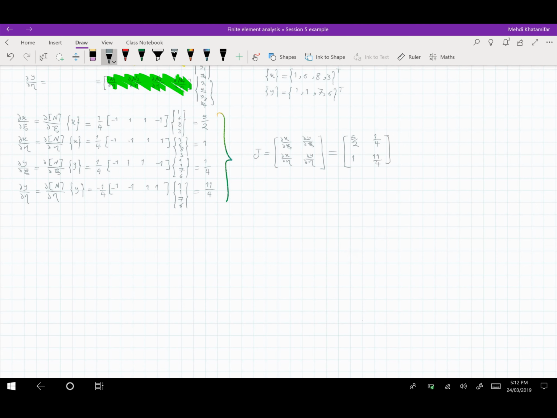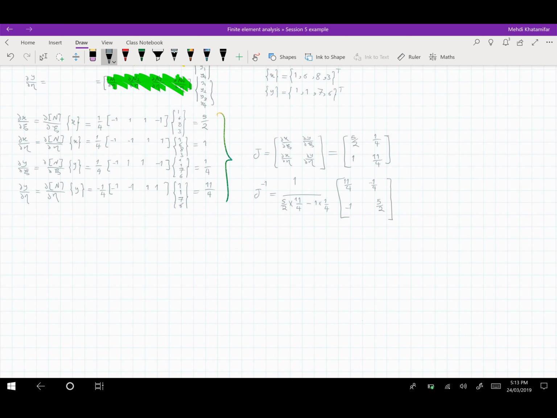Okay, now let's find the inverse, which is going to be 5/2 times 11/4 minus 1 times 1/4. This is the determinant, and we need to just swap the position of these two terms, and multiply the other two by -1.